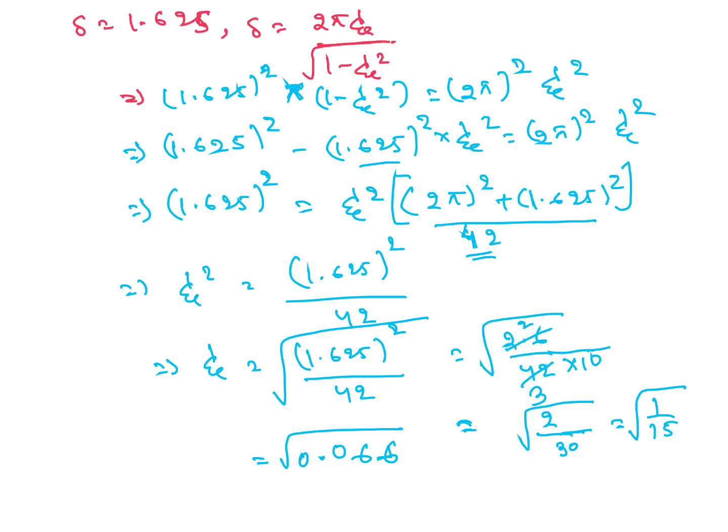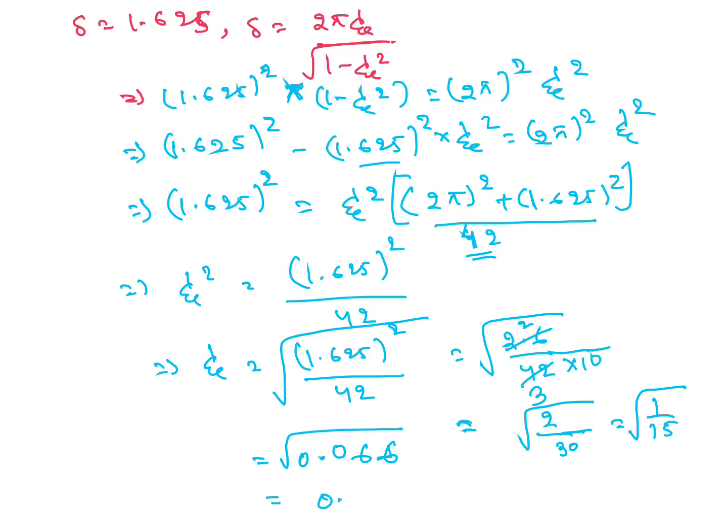Here it's very difficult to get the root over of 0.066. So from the options we have to see, it's around 0.0625. 625 means it's 25 square. So it's nearly 0.25.